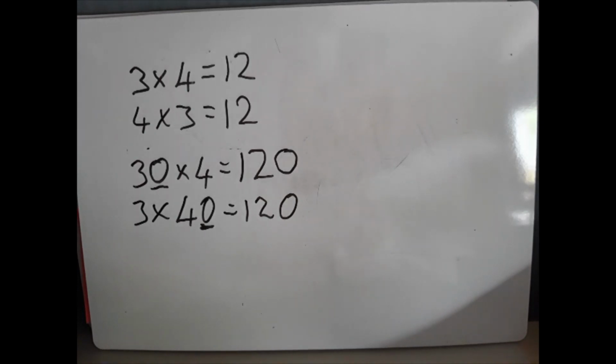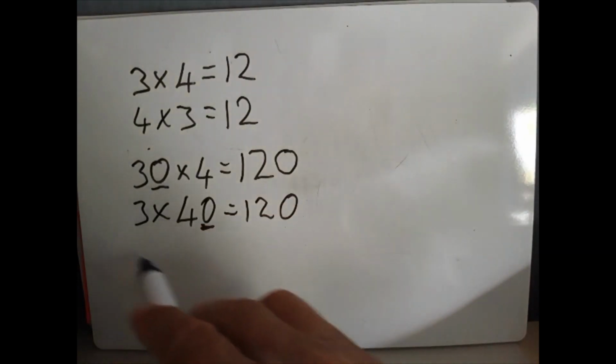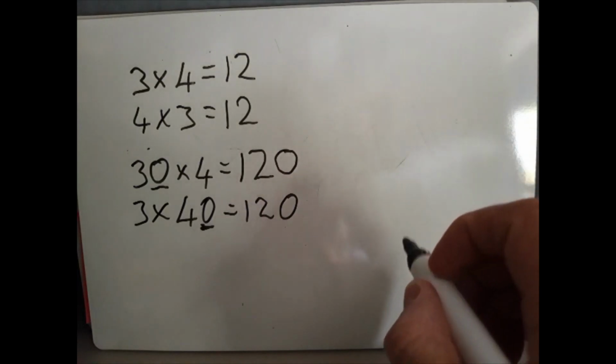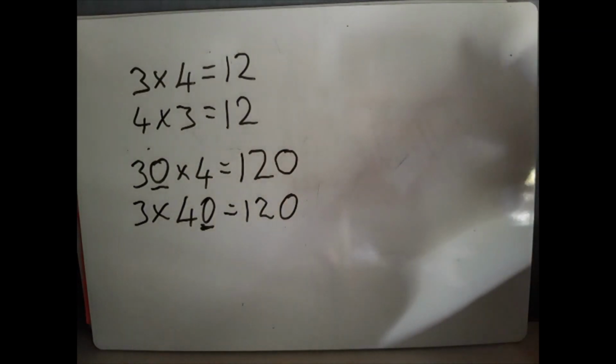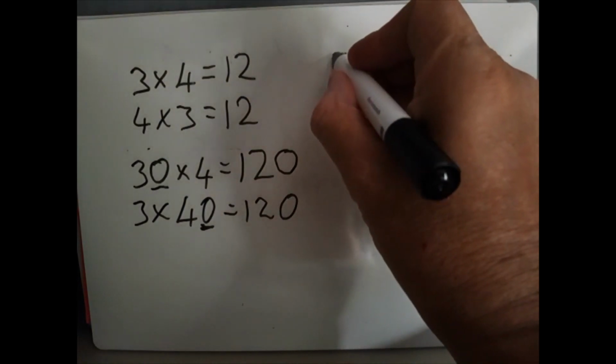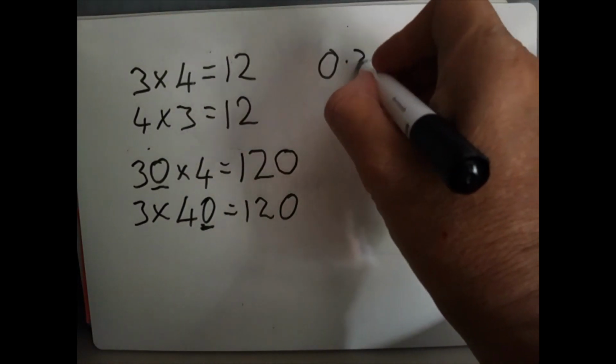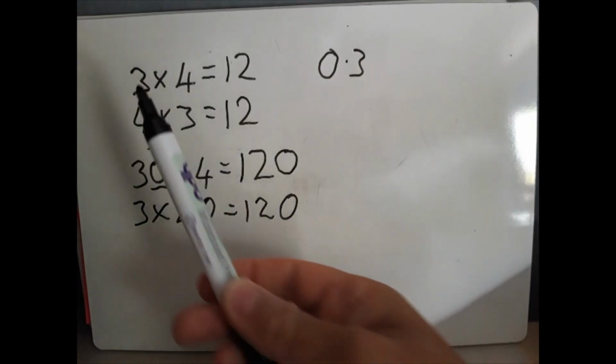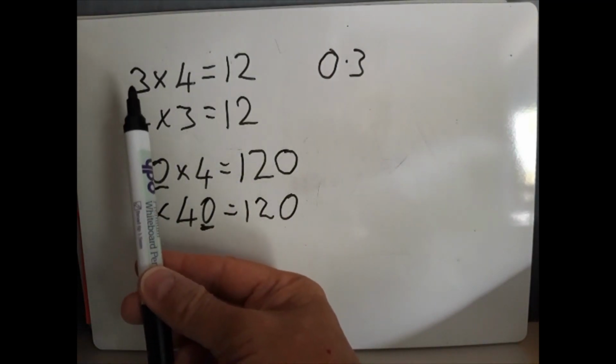But what happens if instead of making our numbers 10 times bigger, we make them 10 times smaller? Now 10 times smaller, they are moving the other way, and this is where we're getting into our decimals. So we might have 0.3. 0.3 is 10 times smaller than 3.